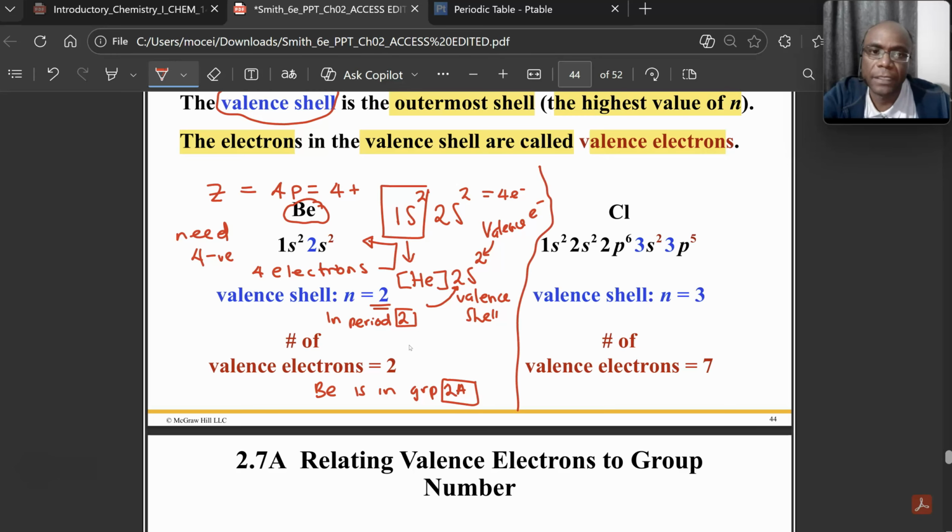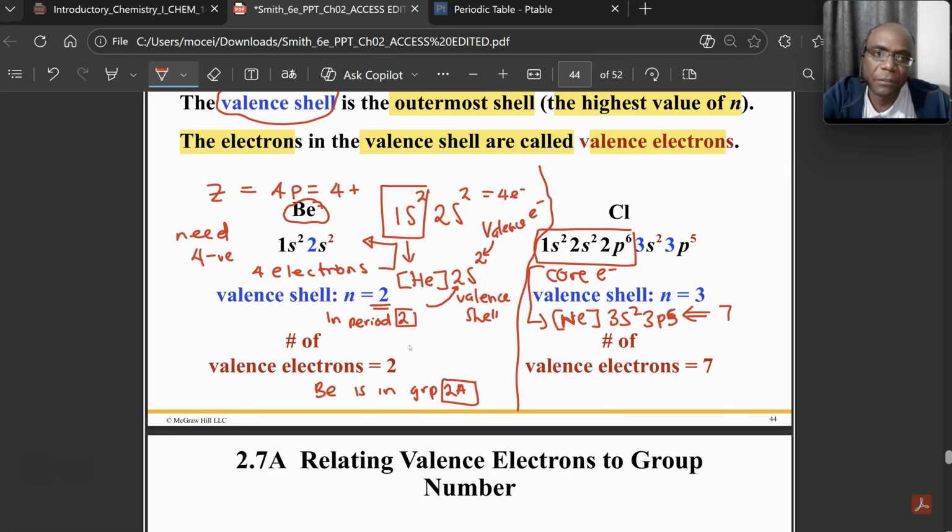Chlorine, we did the electronic configuration of chlorine before. Those are the core electrons and core orbitals. They account for 10 electrons. To repeat myself, the noble gas electronic configuration will be bracketed in neon, and then 3s2, 3p5 will be outside.